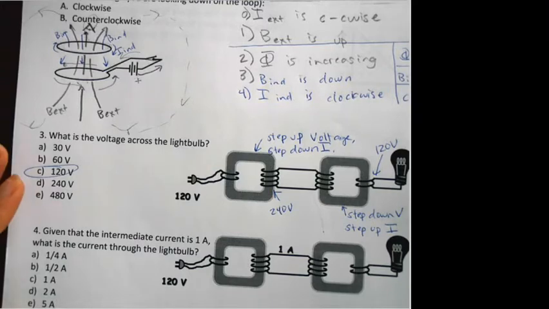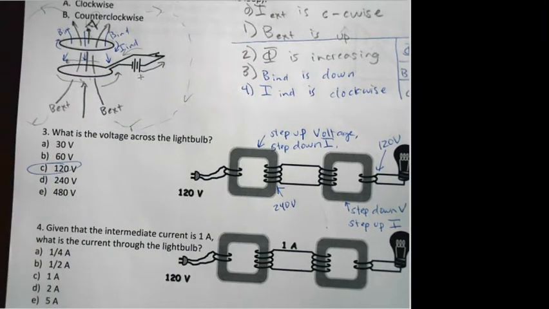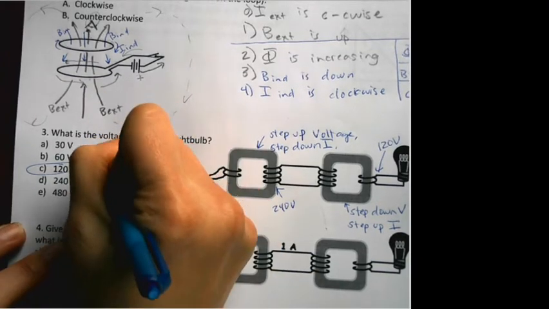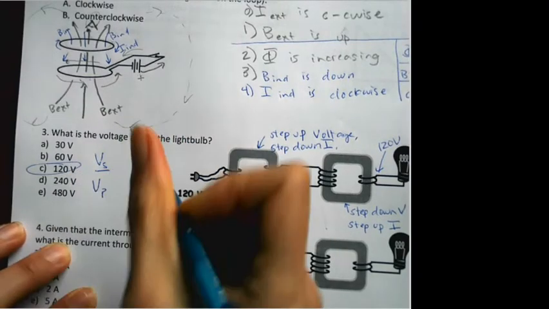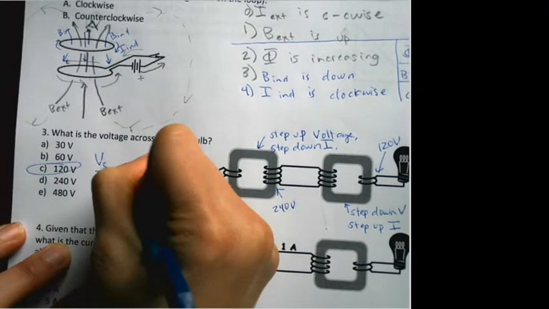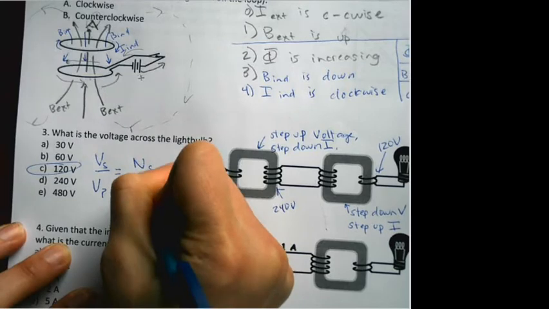You can also use the equation sheet version of this, which will give you the same answer. The way it's written on the equation sheet, it says Vs over Vp, so that's V secondary over V primary, equals Ns over Np.